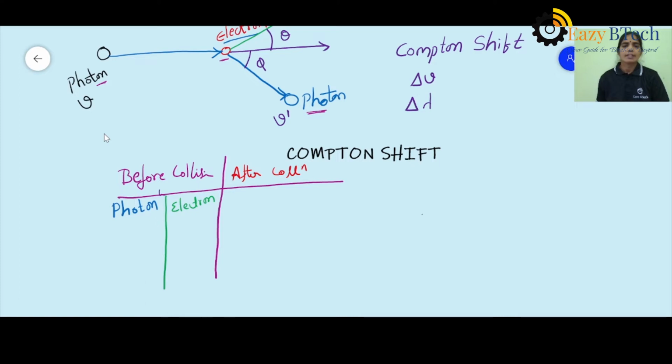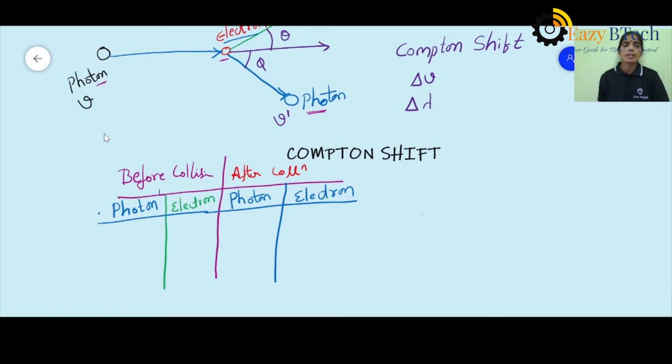Similarly, even after collision, I once again have a photon and an electron. So we are saying here the photon and electron are with different positions. That is, the photon is moving but the electron is at rest position in the before collision situation.